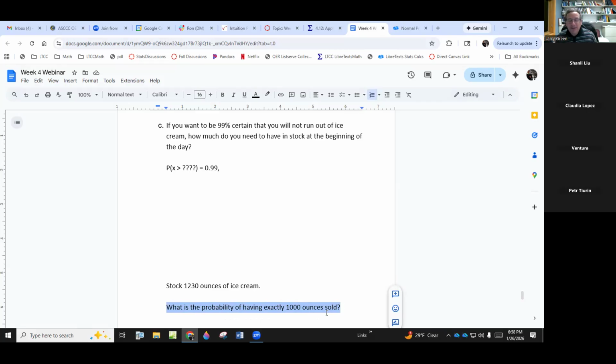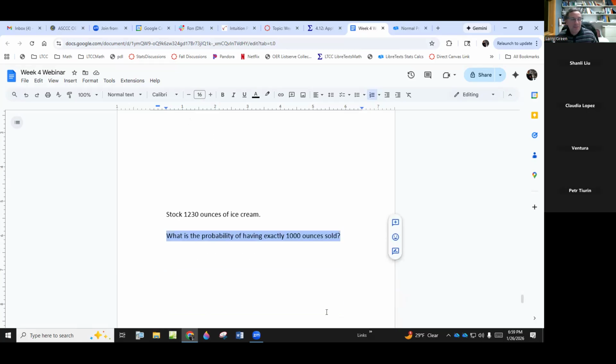When you have a continuous variable, the probability of exactly any number is always zero. It doesn't mean it can't happen, but it's so unlikely to be exactly that, what's called a limit of zero. So that probability is just zero. Any questions on that? You don't need a calculator to know that as long as you understand that exactly has a zero probability whenever you have a continuous distribution.